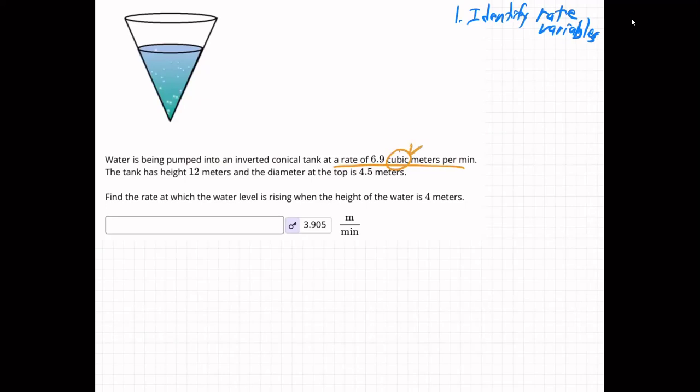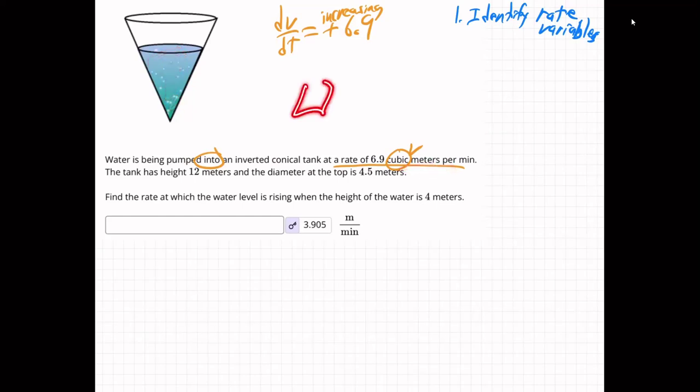Cubic units are volume. So that is dV/dt is plus 6.9, meaning the volume of water in the tank is growing, right? Increasing. It's being pumped in. So every minute there's 6.9 more cubic meters of water, right?